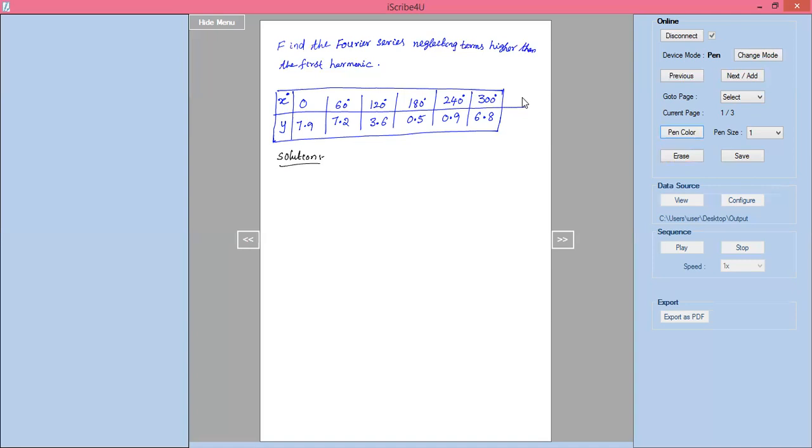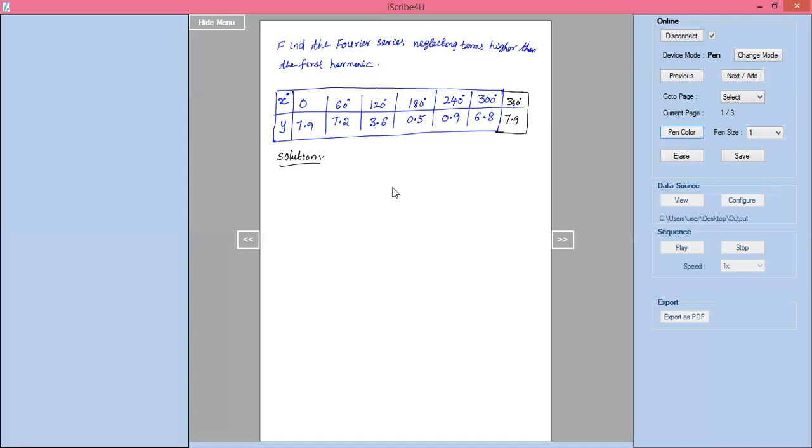See, I will include it here. 360 value also. This is 360 degrees, and that value should be 7.9. I have included that extra term. Here 0 and 360, if both values come, you have to include either 0 or 360.